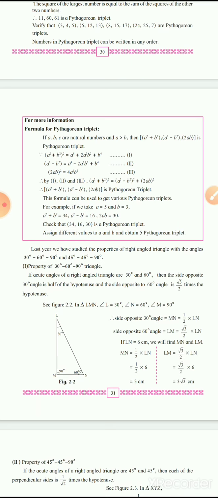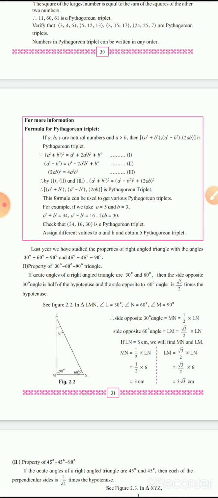Let us see here in the figure. In triangle LMN, angle L is equal to 30 degree, angle N is equal to 60 degree, and angle M is equal to 90 degree. So this is a triangle of 30 degree, 60 degree and 90 degree.